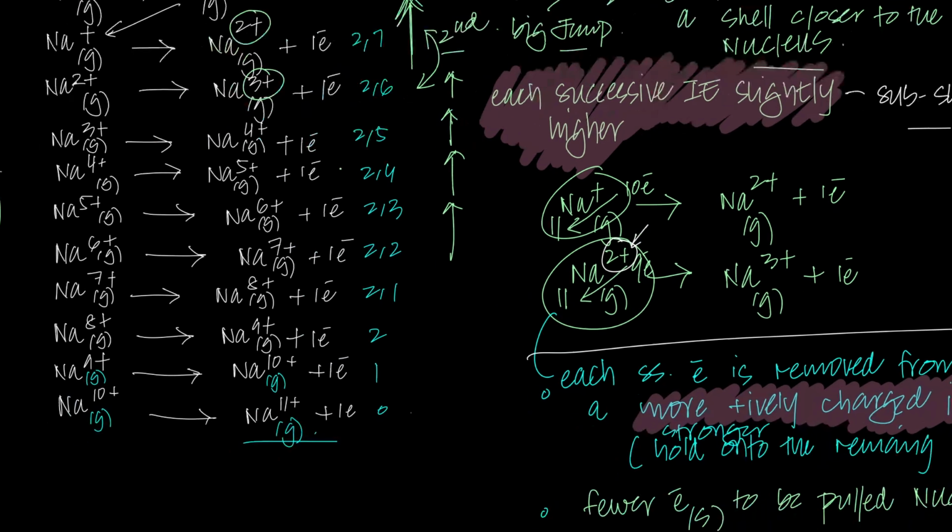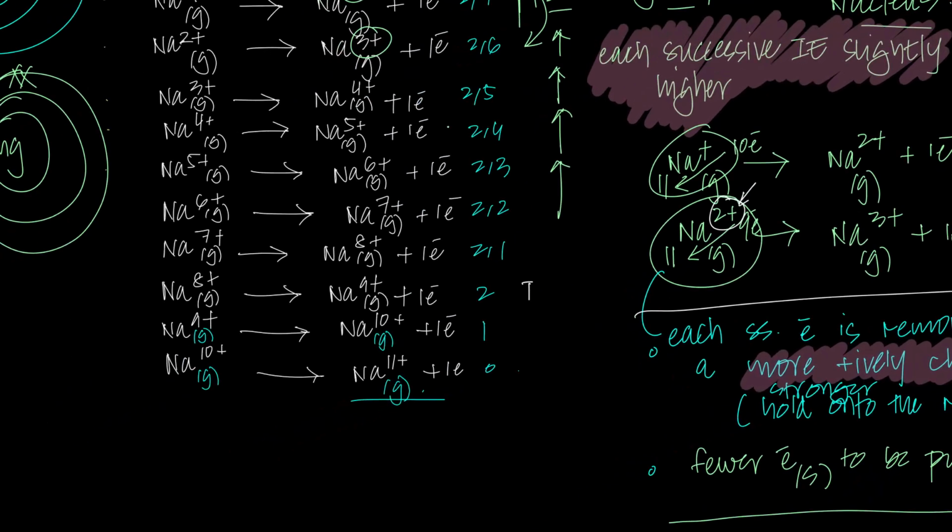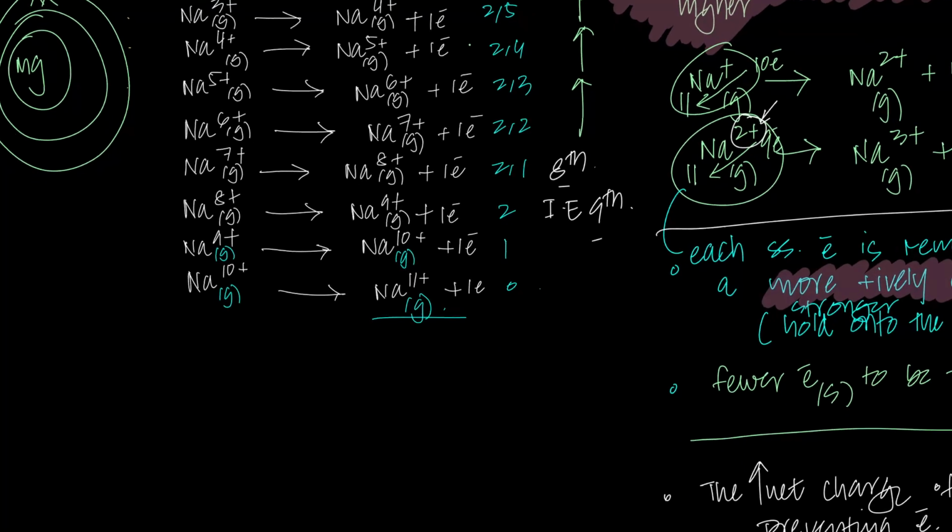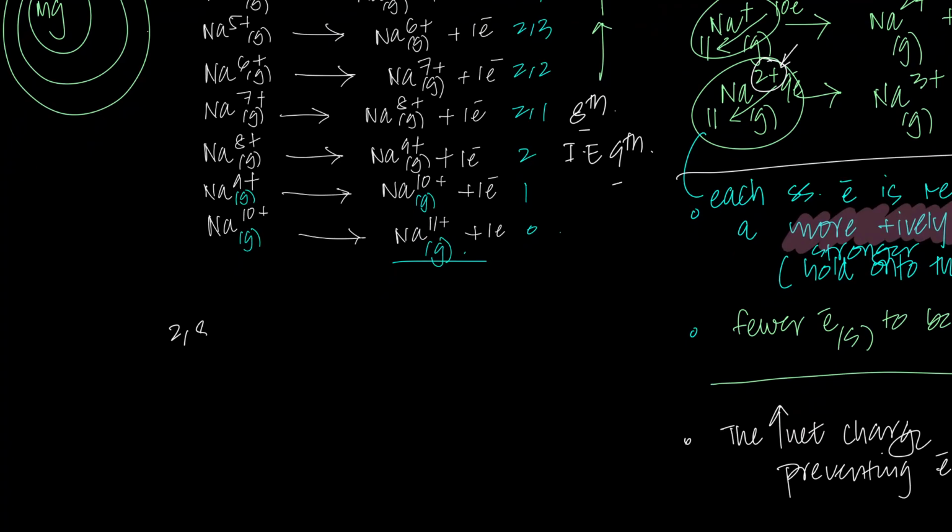But now let's come to the ninth ionization energy. If I talk about the ninth ionization energy and compare it to the eighth ionization energy, I want to compare the two. See, sodium was 281. I removed this, and now I have to compare the eighth ionization energy. The eighth ionization energy would give me 281.